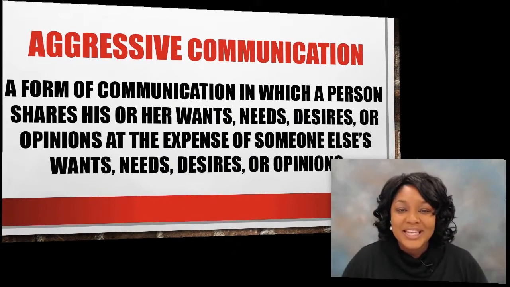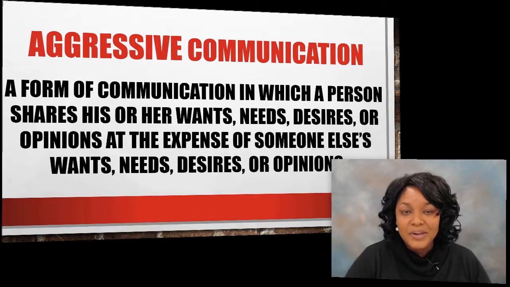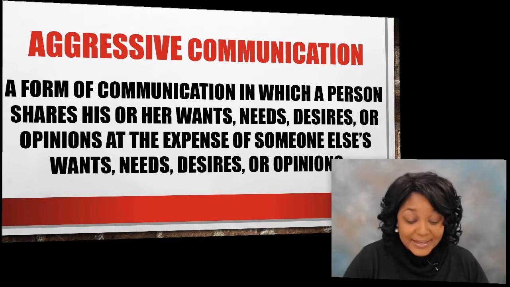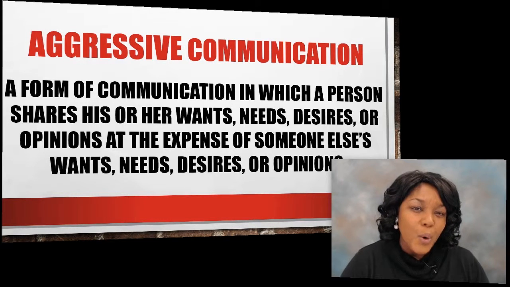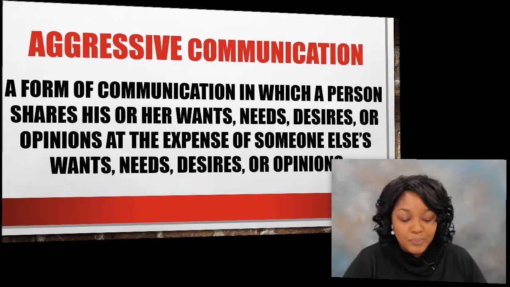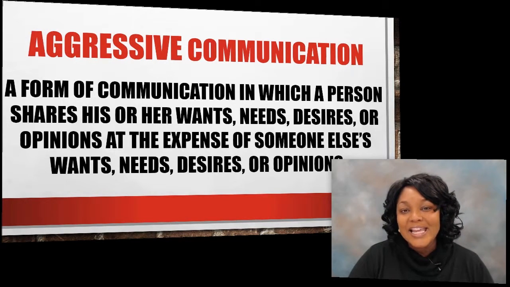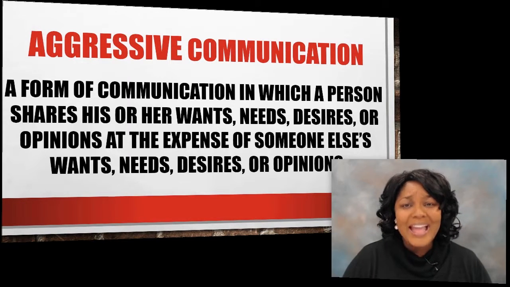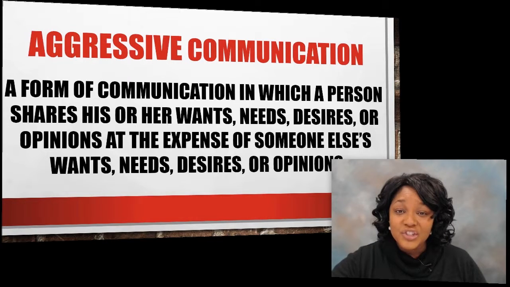Some of the things to look for include being closed-minded, having very poor listening skills, and we'll talk a little bit more about that in this module, having difficulty seeing another person's point of view, interrupting people often, and sometimes wanting to take control and monopolize the conversation.